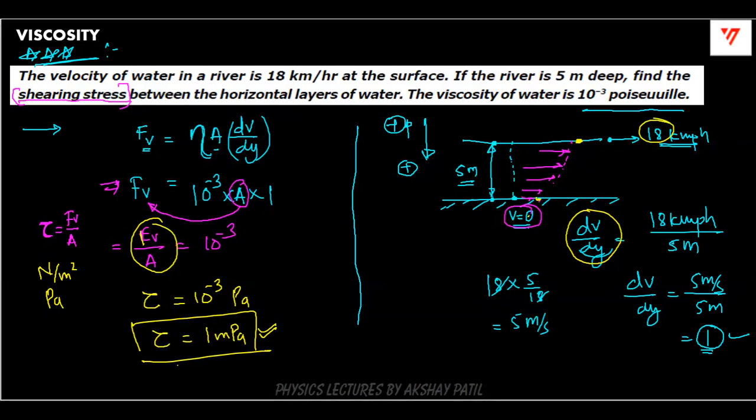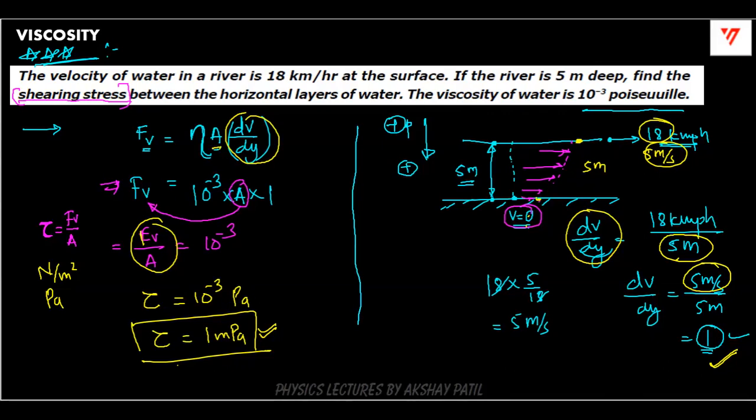By traveling 5 meters downwards, if I'm decreasing my velocity from 5 meters per second to 0, there has to be some velocity gradient. How much distance is traveled, 5 meters, and how much velocity is decreased, 5 meters per second. This will be the velocity gradient which you are going to use in this expression.